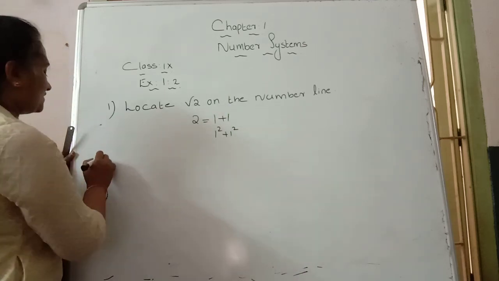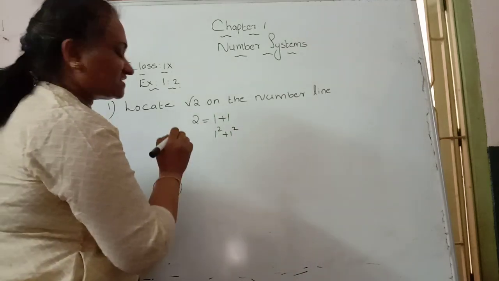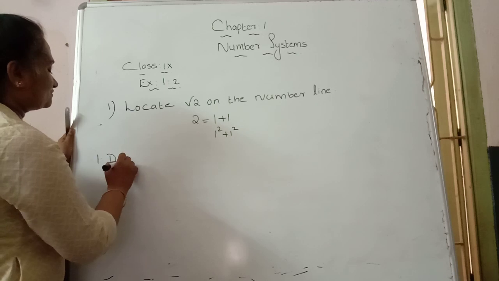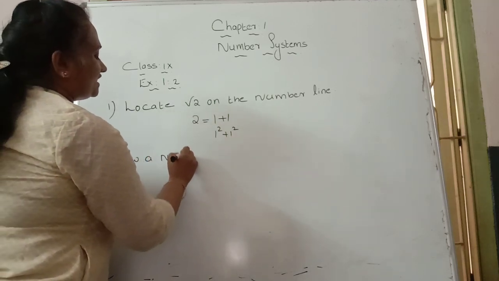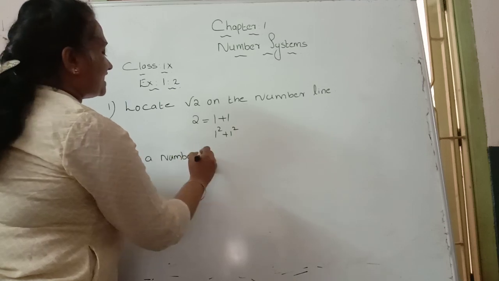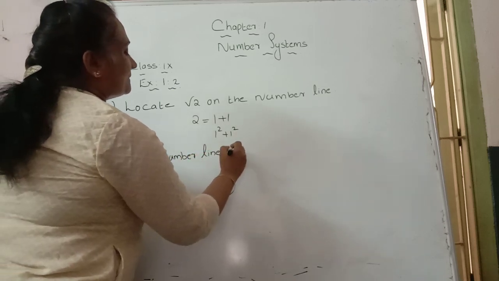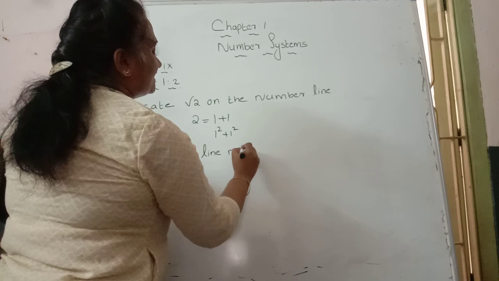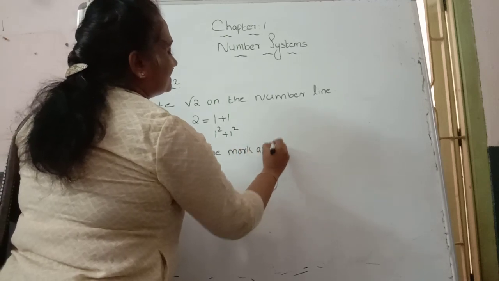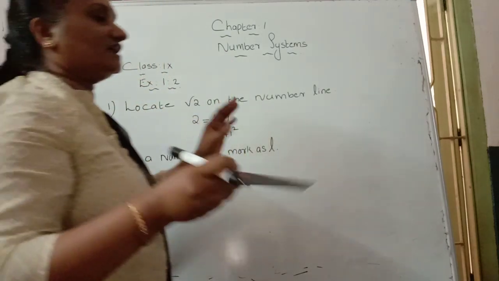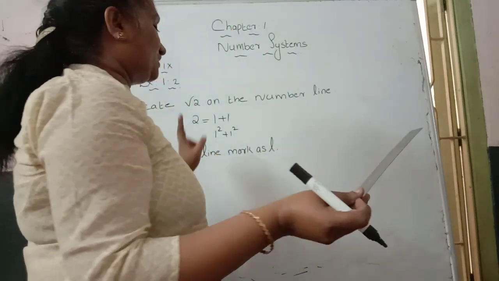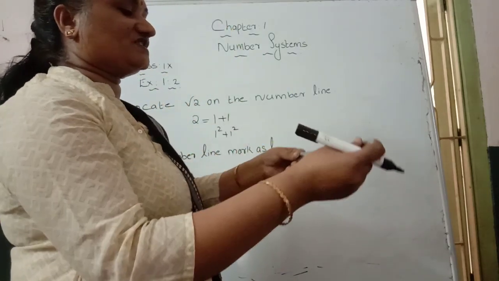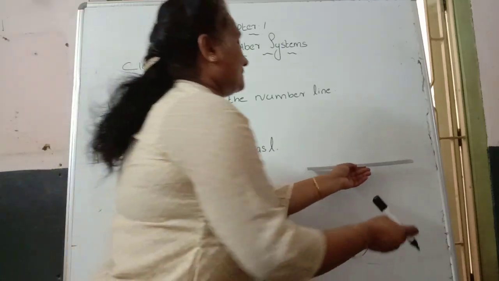Then the first step for construction: draw a number line and mark it as L. The instruments you need are a scale and a compass only. First take out the scale and draw a number line.